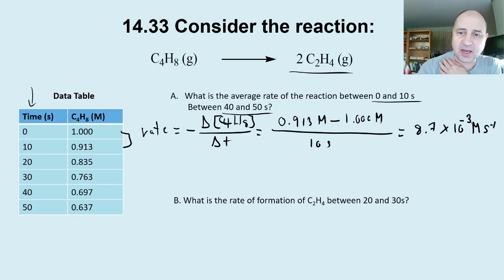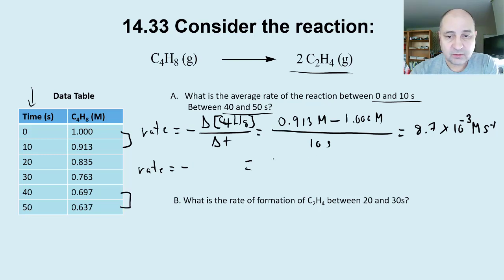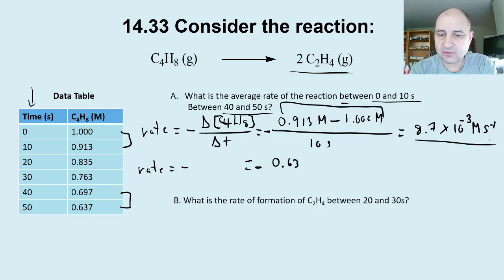We do the exact same thing for between 40 and 50. The rate is going to be different, of course. I'm going to skip this part and go straight to between 40 and 50. I should put the negative there because it is a negative. And then of course this term gives you a negative, so that gives you a positive rate. So 0.637 M is the final concentration.